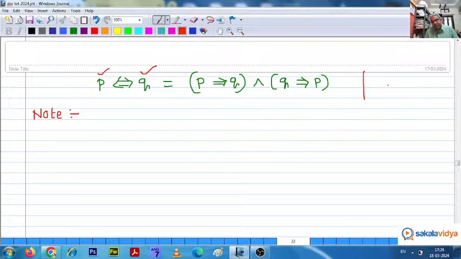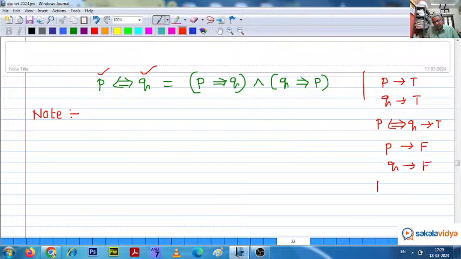If P is true and Q is true, P if Q is true. If P is false and Q is false, P if Q is true. In all the remaining cases it will be false.